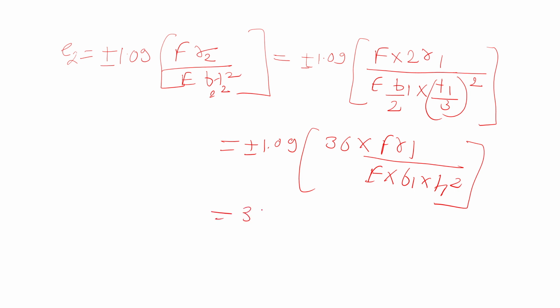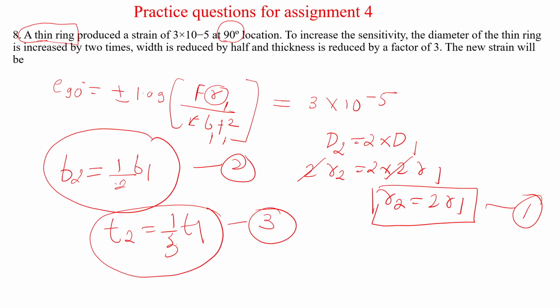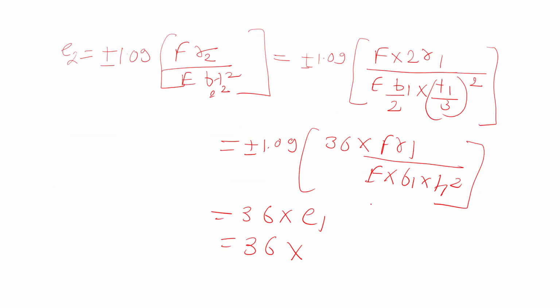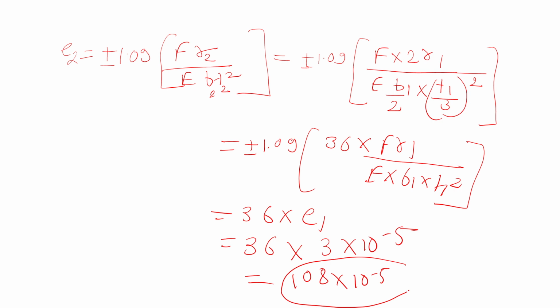So it will become 36 into E1. Rest is E1 only. E1 was 3 into 10 to the power minus 5, so the value will become 108 into 10 to the power minus 5. This is the answer.